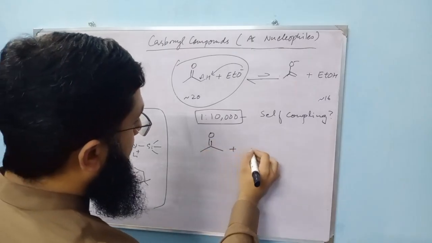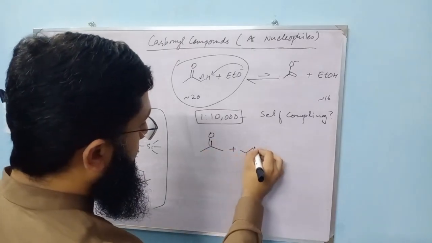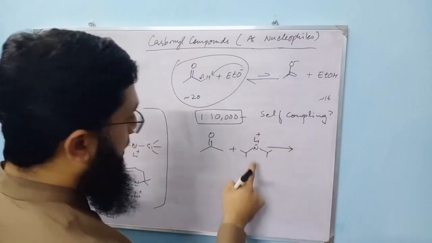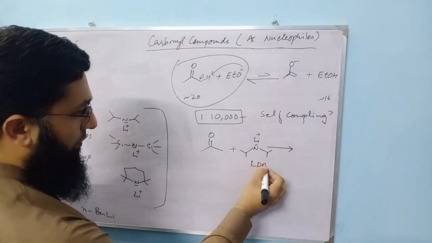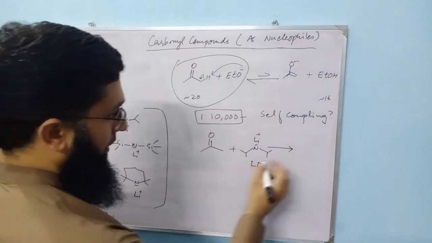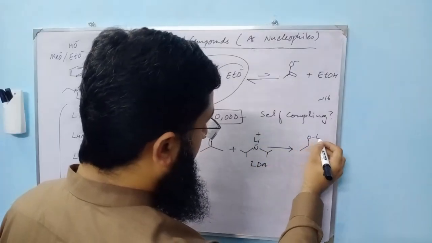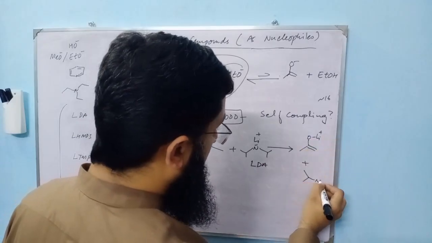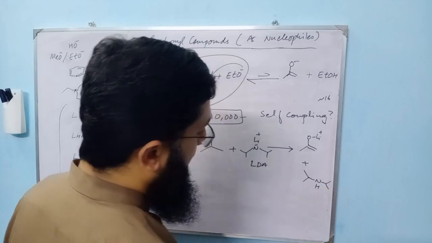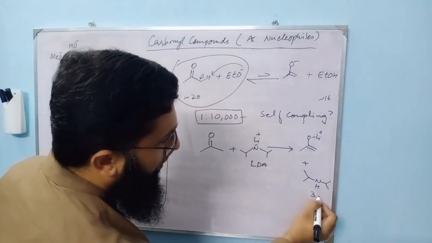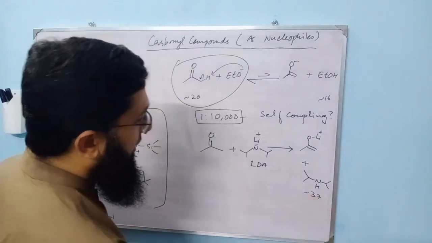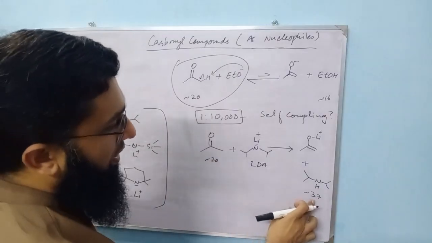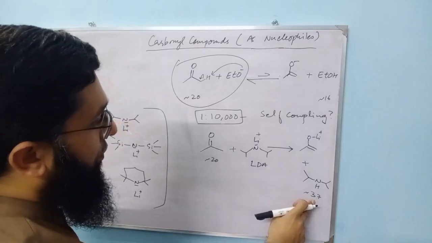For example, if we add LDA, lithium diisopropylamide, to this, we will get this enolate plus diisopropylamine, and its pK is around 36-37 and the pK of the ketone is around 20. So this is still very much basic to abstract proton.